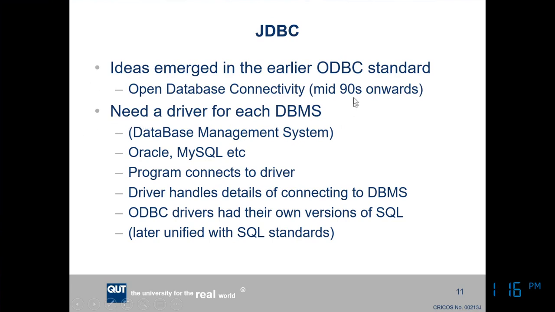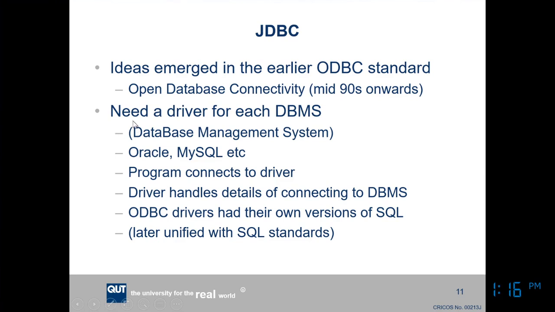Because ODBC and JDBC are designed around the paradigm of, you write SQL queries and those get issued to the database. And so with these, each database server that we have happens to have a different API.